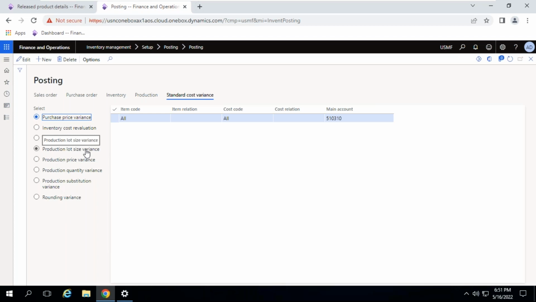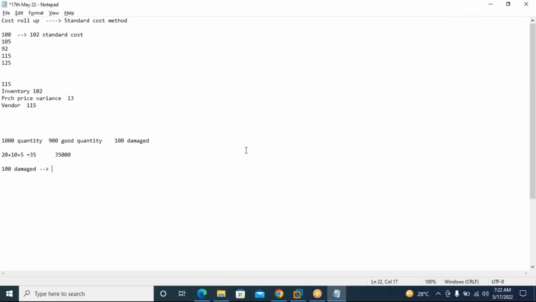Production lot size variance, production price variance, production quantity variance, production substitution variance, cost change variance, inventory cost variance. All these different accounts, it will post to different accounts because of this damaged quantity.